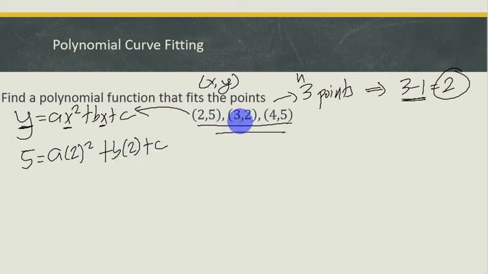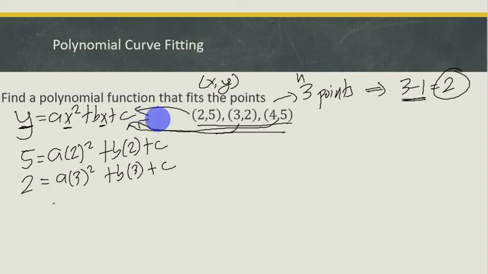If we plug in (3, 2) into our equation, we're going to have 2, our y-coordinate, equal to a times 3 squared, our x-coordinate, plus b times 3 plus c. Finally, plugging in (4, 5), we have 5 is equal to a times 4 squared plus b times 4 plus c.